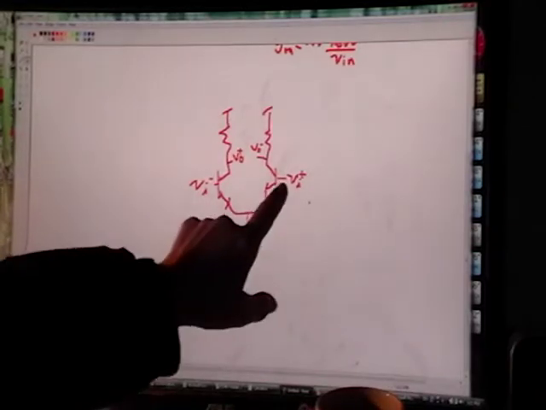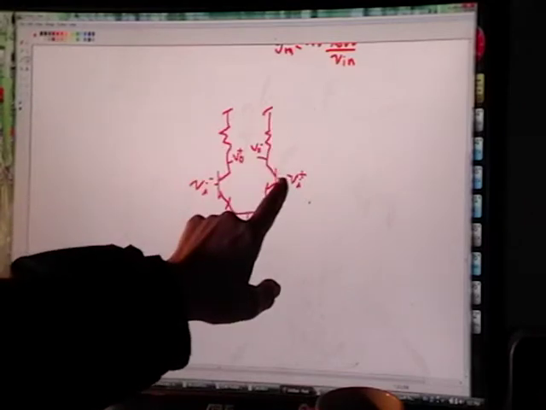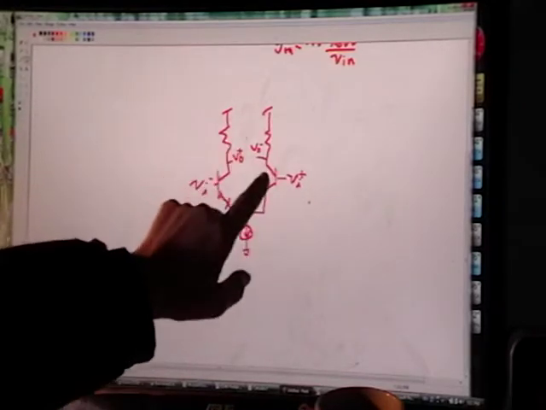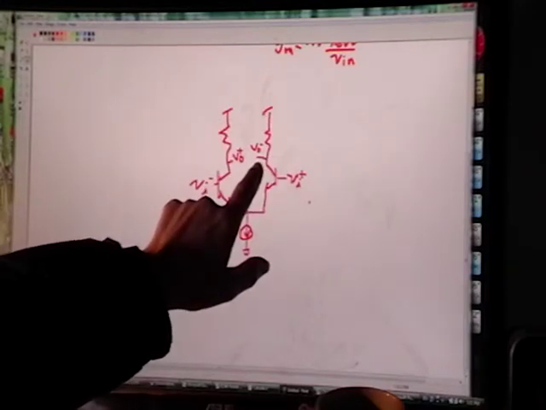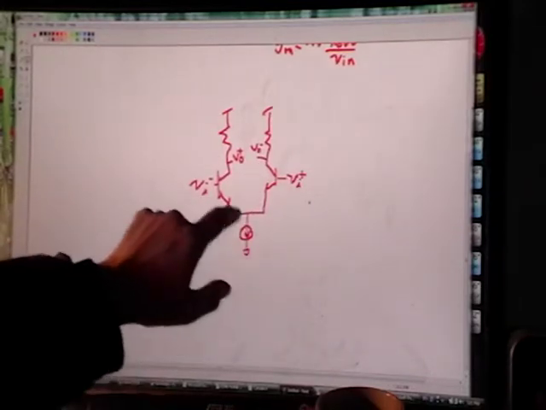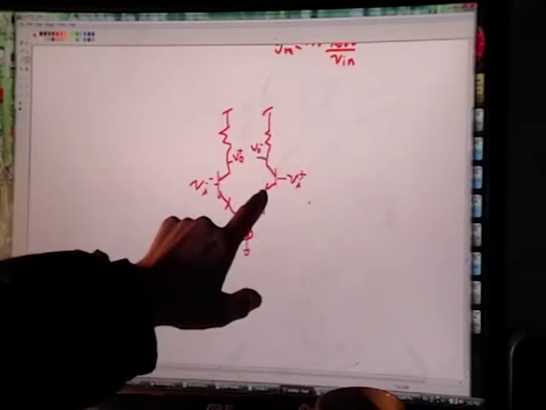Okay, let's see. When I raised this, what happened to this node? I should have probably put them on the other side here. But if I raise this, more current goes through here, and V out minus drops. So if I raise this, the current through here increases.